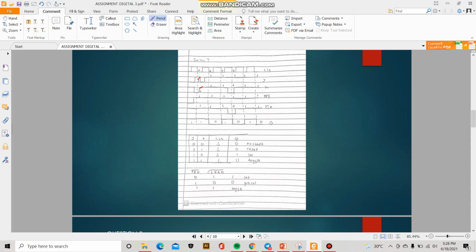Next, the clear is 0 and the preset is 1, so we have to take the clear output, so it has to be reset, so 0. Then another one is preset and clear 1 1, so we take the JK output, 1 1, so toggle, 1. Lastly, 1 1, toggle, okay, 0.